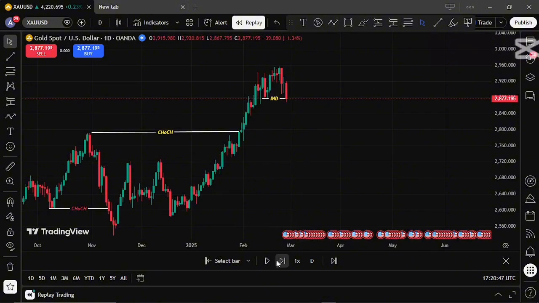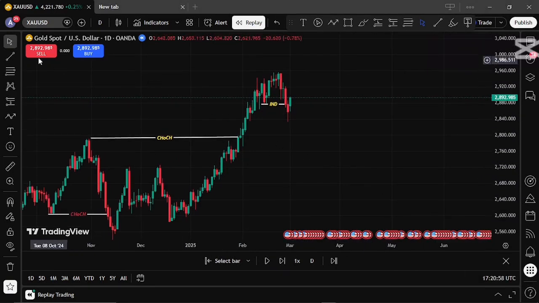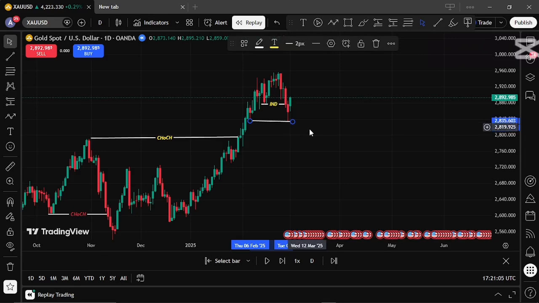So anyone that went into this move had to be stopped out. Okay, let's see. Still people got stopped out here. So all these longs were stopped out. People got stopped out completely.